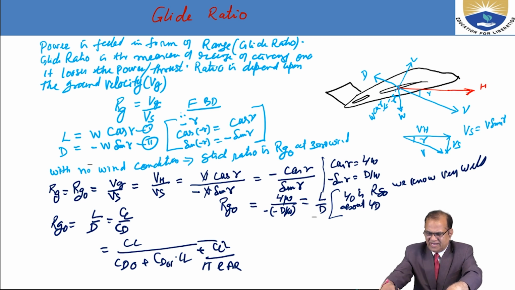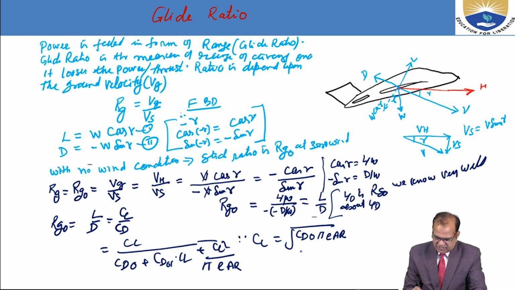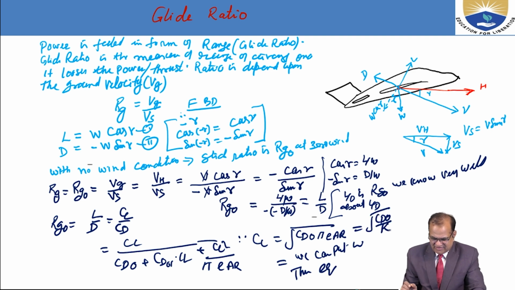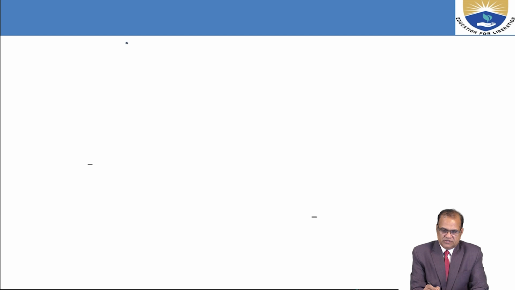So here we can write this CL as under root CD naught pi E aspect ratio, and we can put this in the equation; this is also called under root CD naught by K. So now we will see how we can find the L by D ratio maximum.